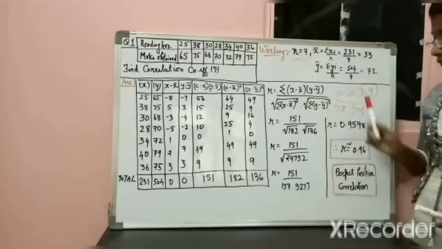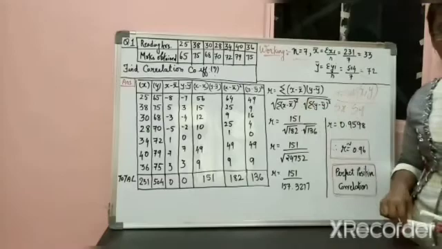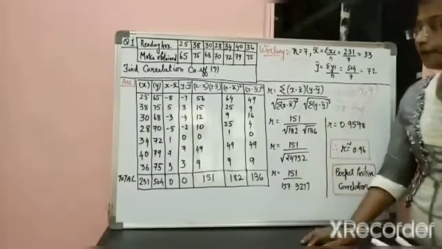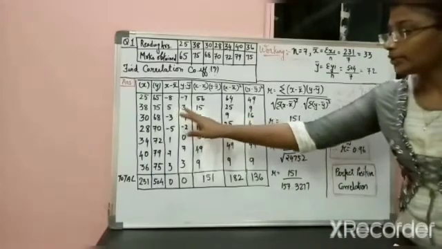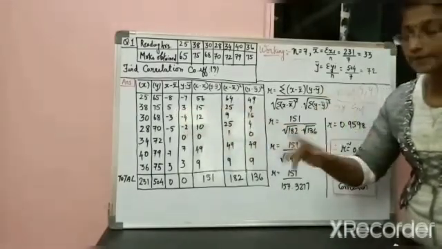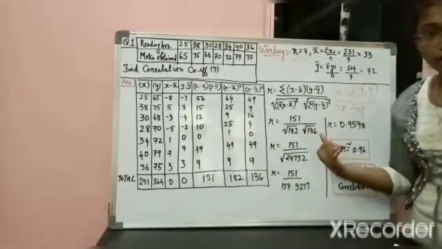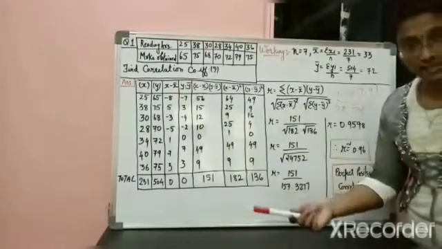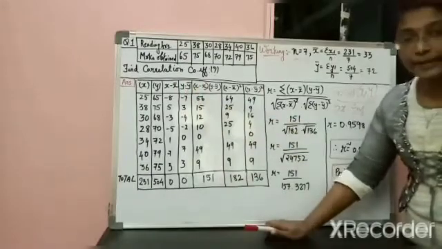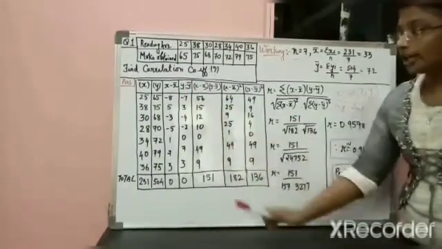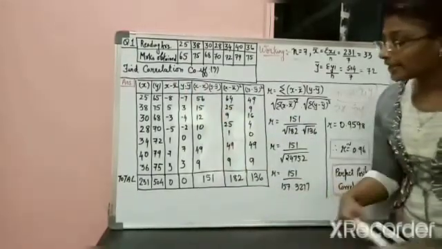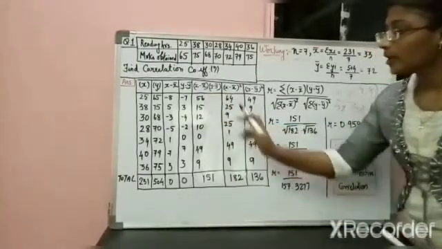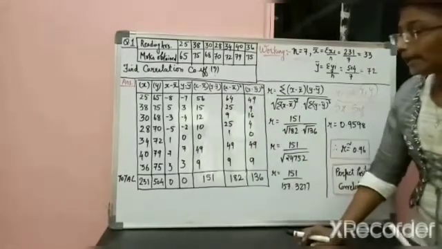Clear with this? Now this is the elaborated formula of this that I have written over here. Now to further calculate, we have to make 5 columns according to this formula. So the first column would be x minus x bar. Second is y minus y bar. Third column is x minus x bar multiplied by y minus y bar.